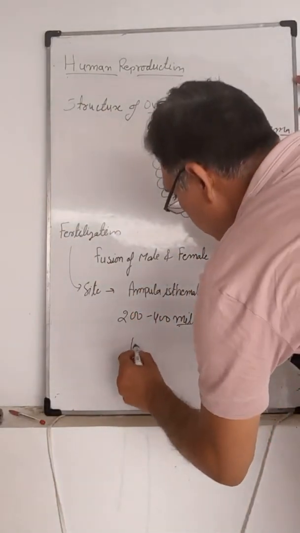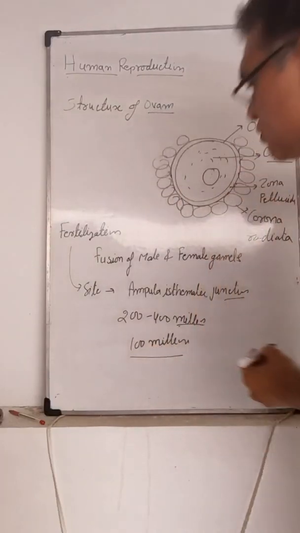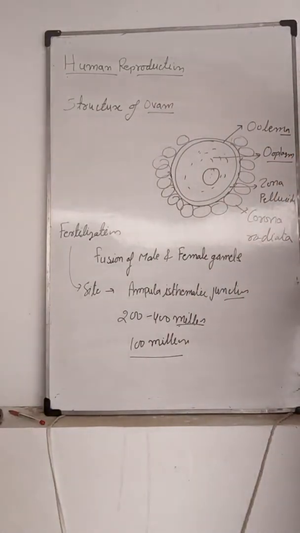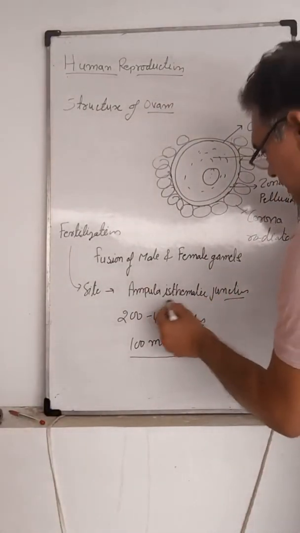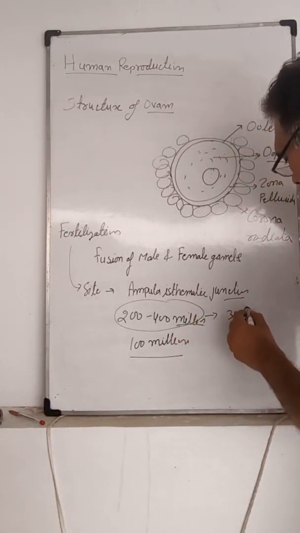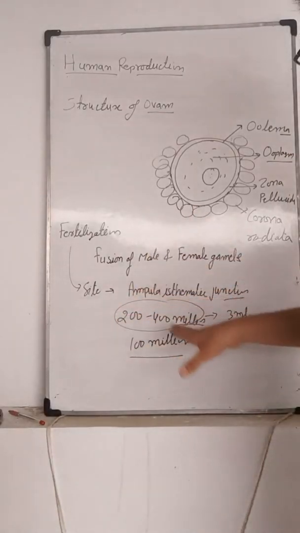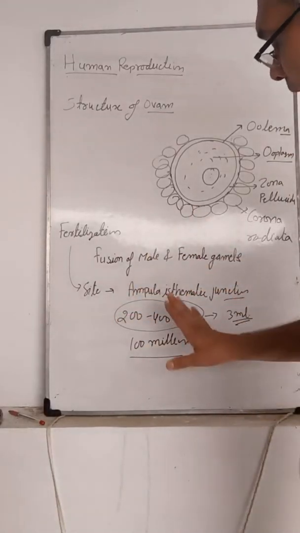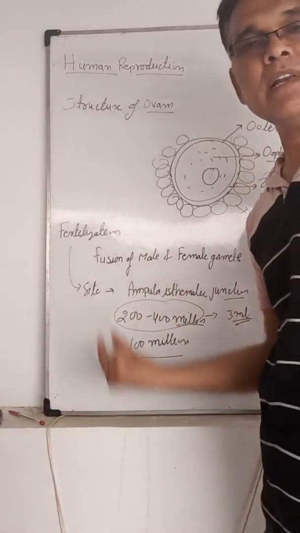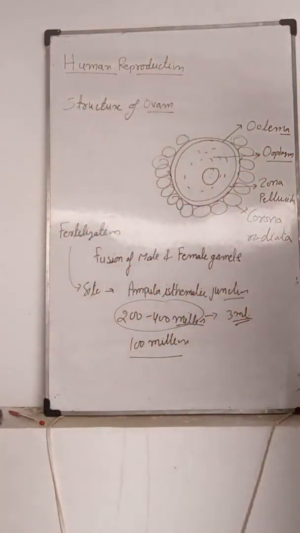Out of these, about 100 million sperm reach the fallopian tubes.